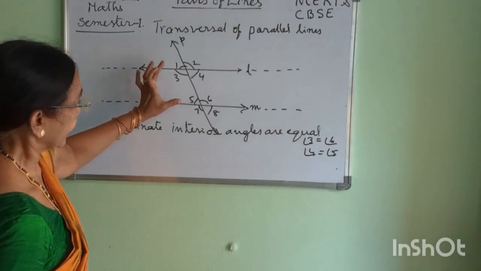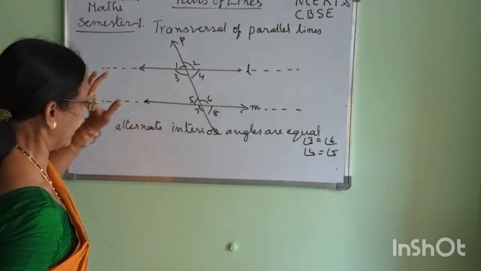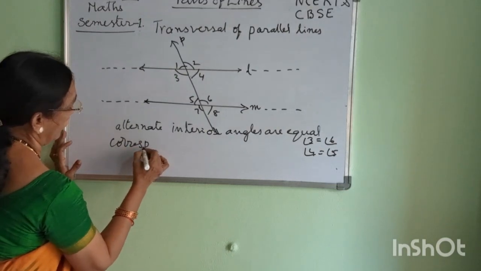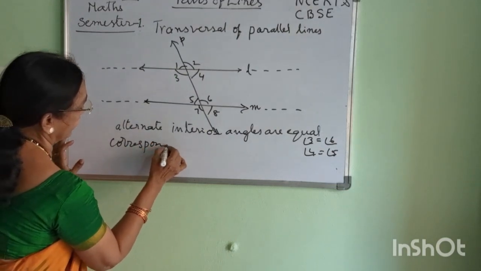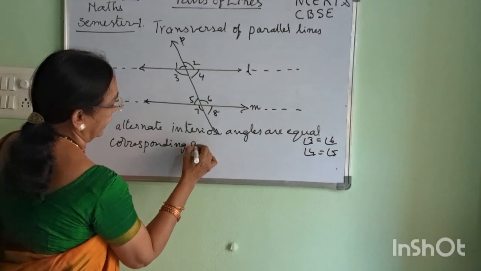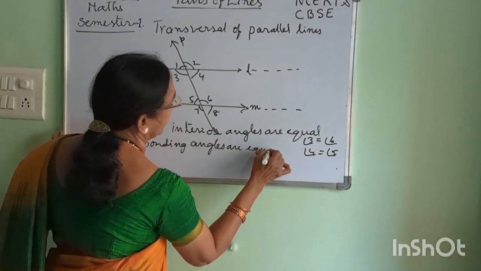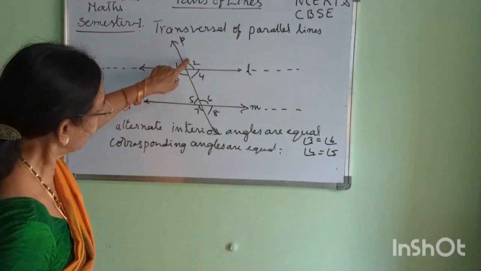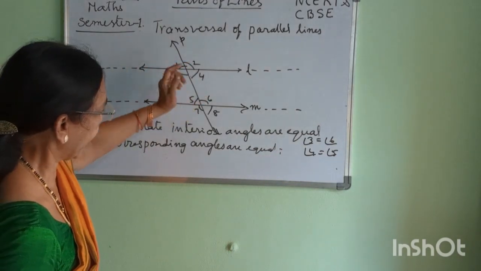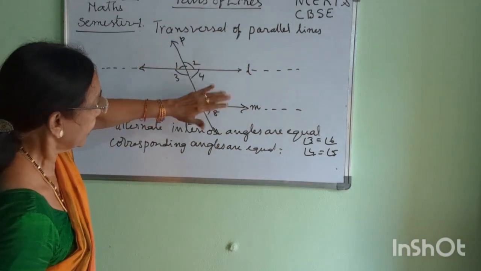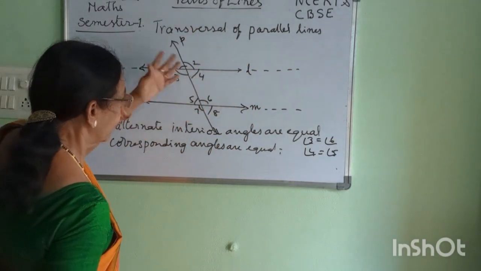And the corresponding angles are equal. Here 2 and 6 are corresponding angles. They are lying on the same side of the transversal and the same side to the two parallel lines.